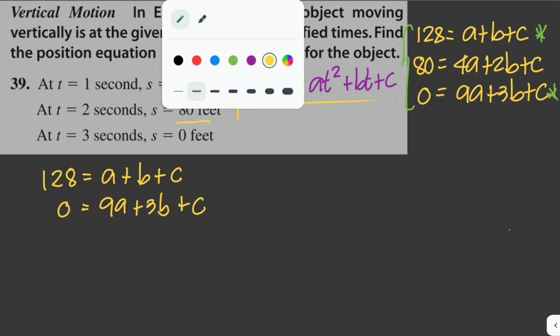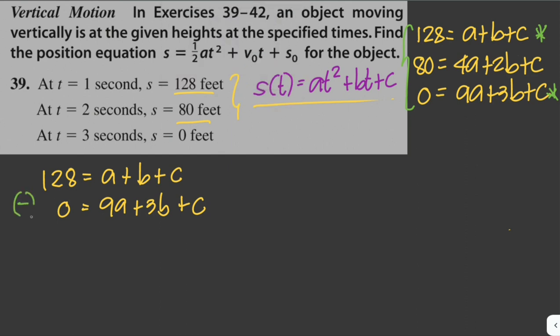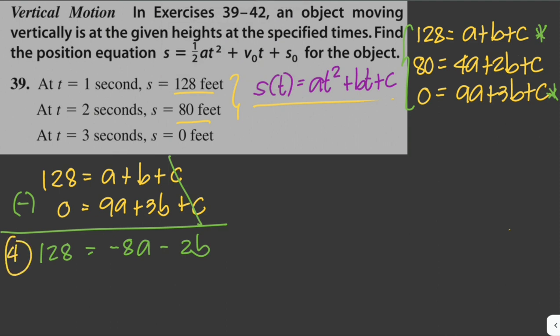Then we subtract to eliminate c. This cancels out. Then we have 128 equals negative 8a minus 2b. So this is now our fourth equation.